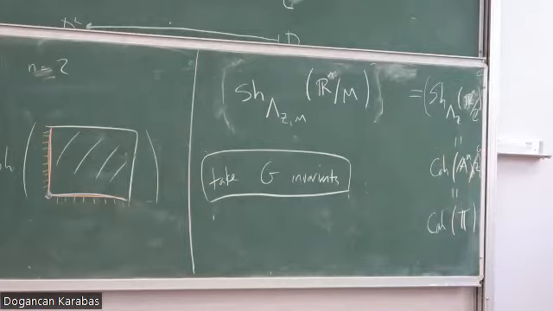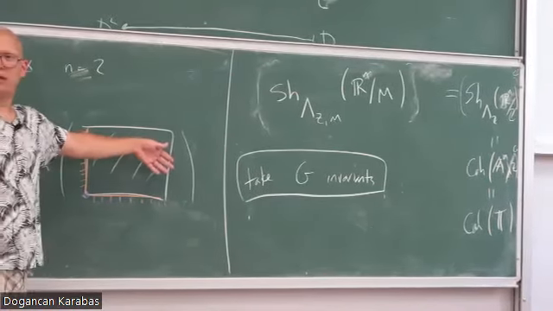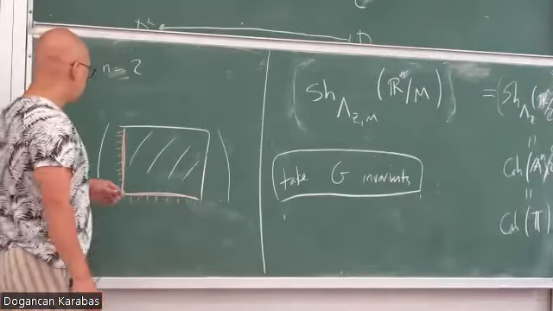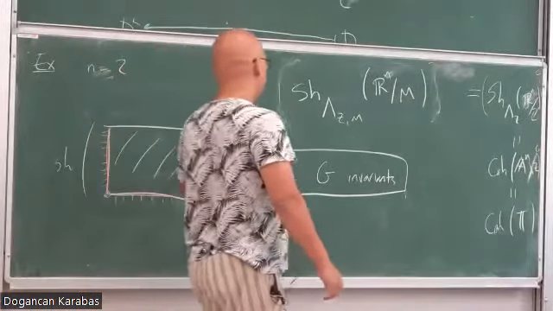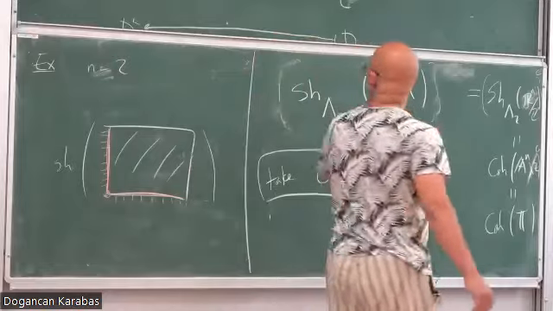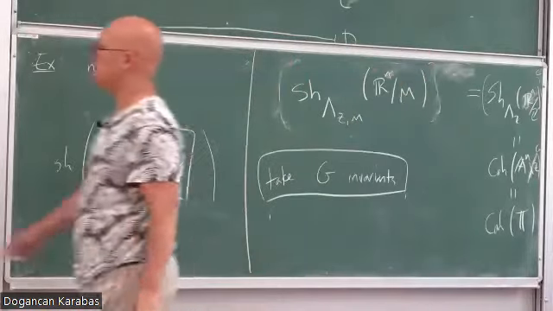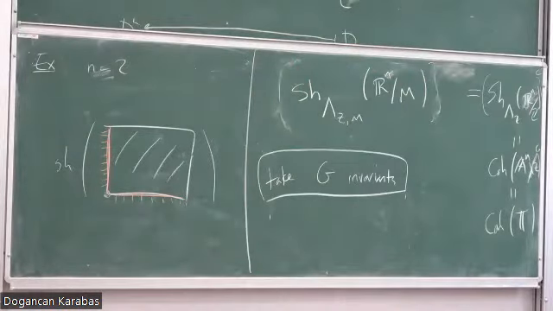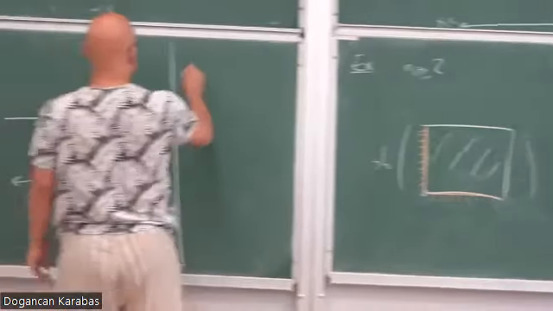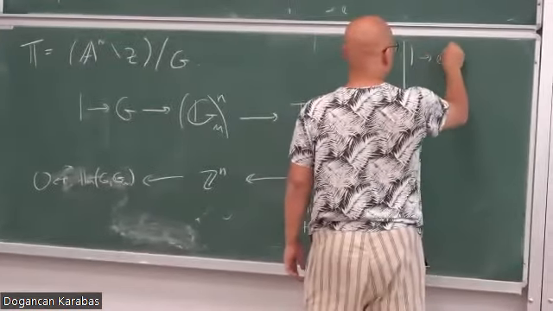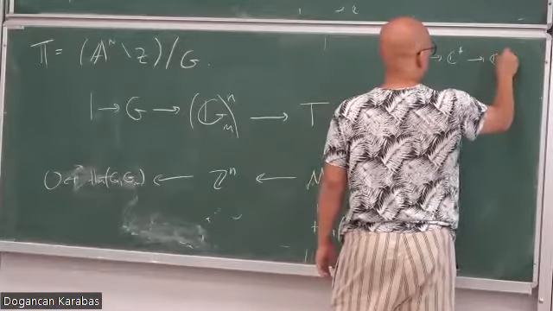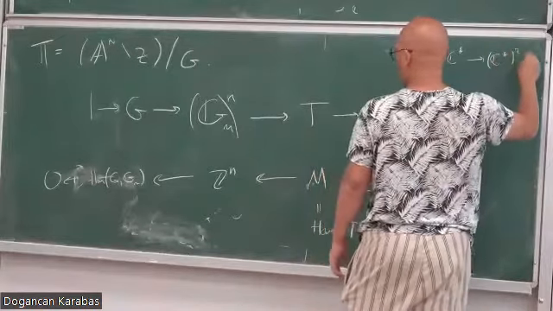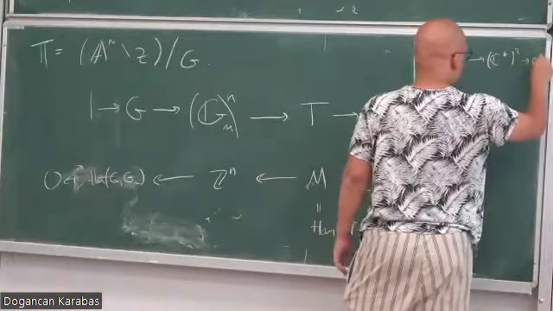Oh, yeah, this one. Okay, but let me explain in this example what is happening. In this example, the sequence here was 1 to C star, there's the diagonal C star to C star squared, and I guess the quotient is also C star 0.